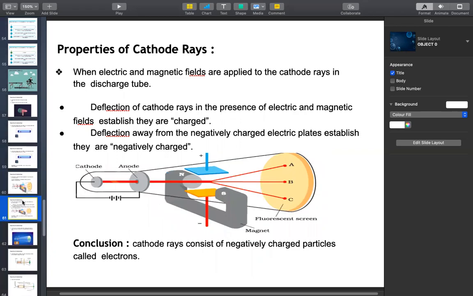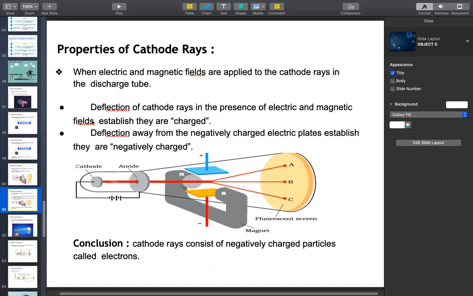Have you copied? So when electric and magnetic fields are applied to cathode rays in a discharge tube, the deflection of cathode rays in the presence of these establishes that they are charged, because movement of the ray in one direction tells that they are charged, and deflection away from the negative plate in electric plates. You can see here the electric field. There is a positive plate and a negative plate. When the ray was passed in the presence of the electric field, it was striking at point A on the fluorescent screen.